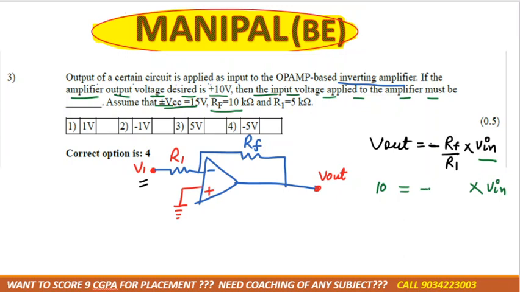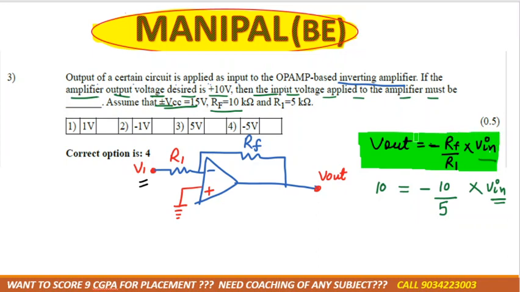RF is the feedback resistance, they have given 10 kilo ohm. R1 is 5 kilo ohm. To simplify, we just need to put all the values in this particular formula of the inverting amplifier. So 10 and 10 would cancel out, and V in would be equal to minus 5 volt. So the fourth option is correct.